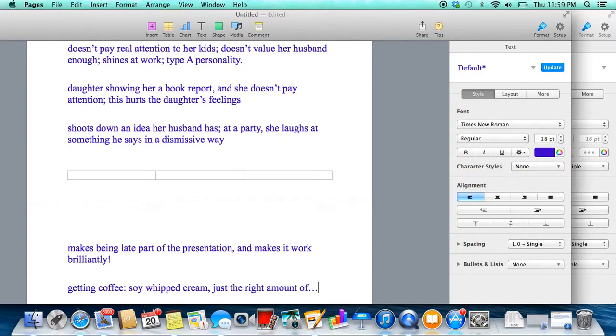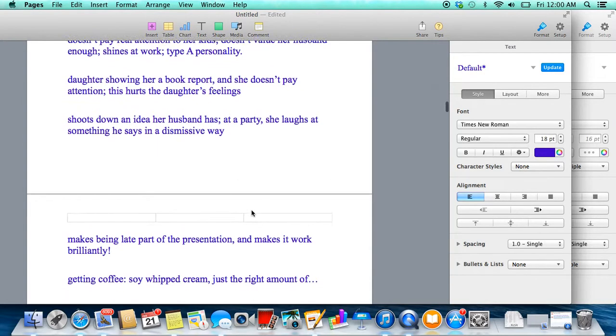Something like that, to show that she's very type A and controlling about everything, but still in a kind of funny way. Maybe she sweeps her hair out of her face a lot to show there's a lot of nervousness behind all this, so that she's still appealing to the audience.